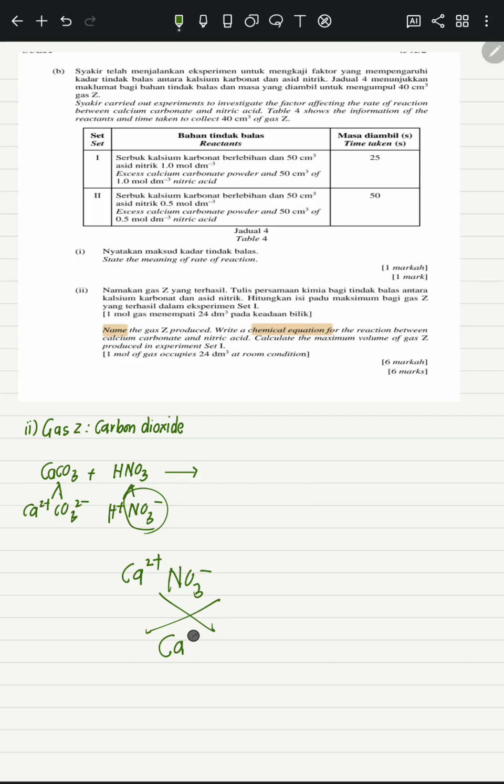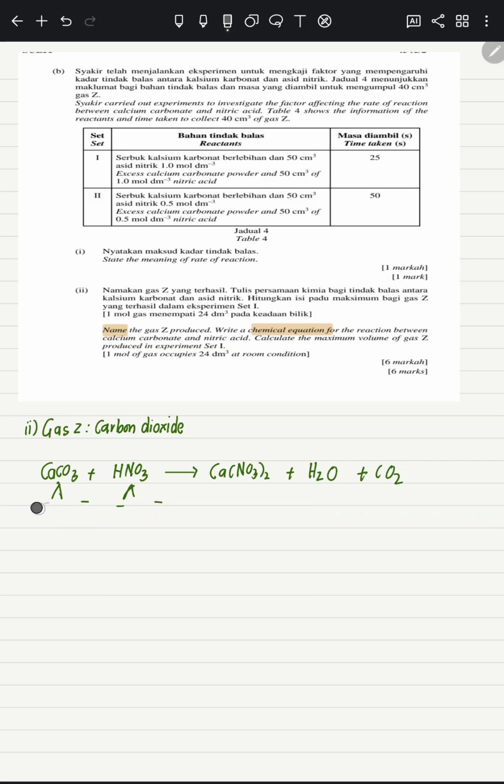So you have to write Ca(NO3)2, because this 2 belongs to this whole thing, so you must put a bracket. So your answer is Ca(NO3)2 plus H2O and CO2. From where do I get this? This is the property of acid and metal carbonate reaction.